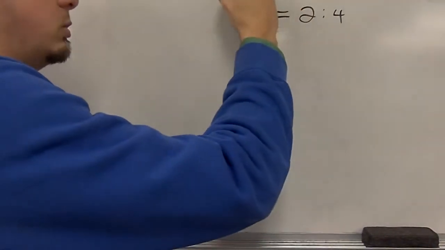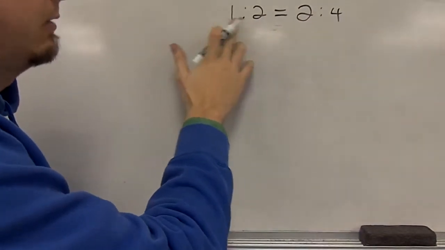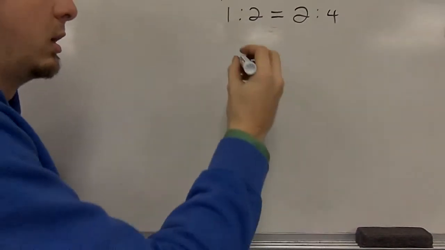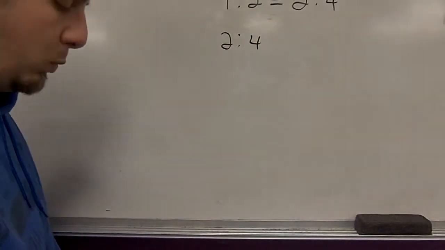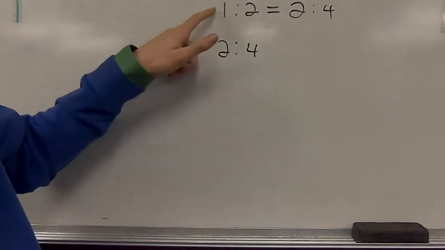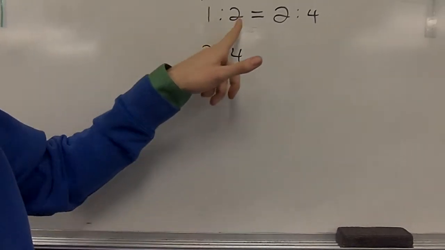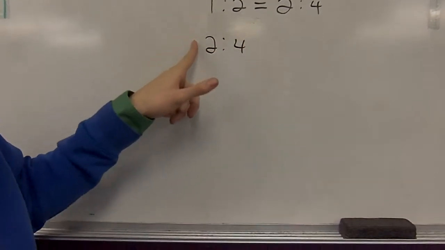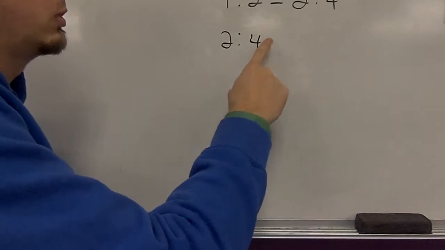A 1 to 2 ratio, let's say we're talking about apples and oranges, is telling me that for every one apple I have, I also have 2 oranges. So a 2 to 4 ratio is telling me the same thing. One way you can see that is if I add another apple, I have 2 apples, and I have to add 2 more oranges, because for every 1 apple I have 2 oranges.